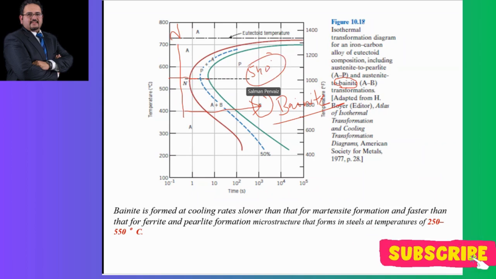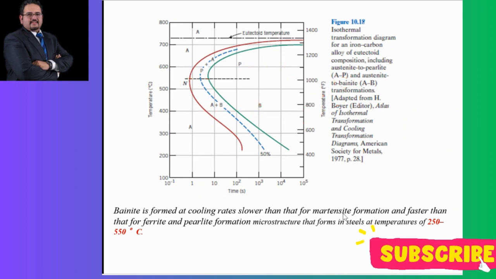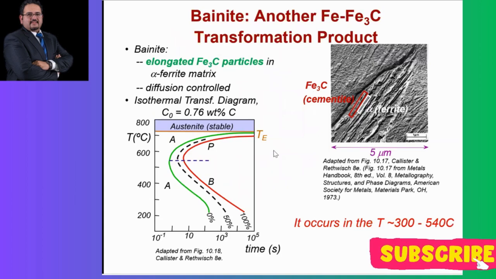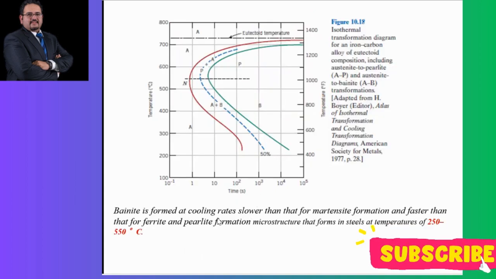But the moment it is below 450 range, it changes into bainite structure. Bainite structure is different than the pearlite structure, right? It has different characteristics. Bainite is formed at a cooling rate slower than that of martensite.